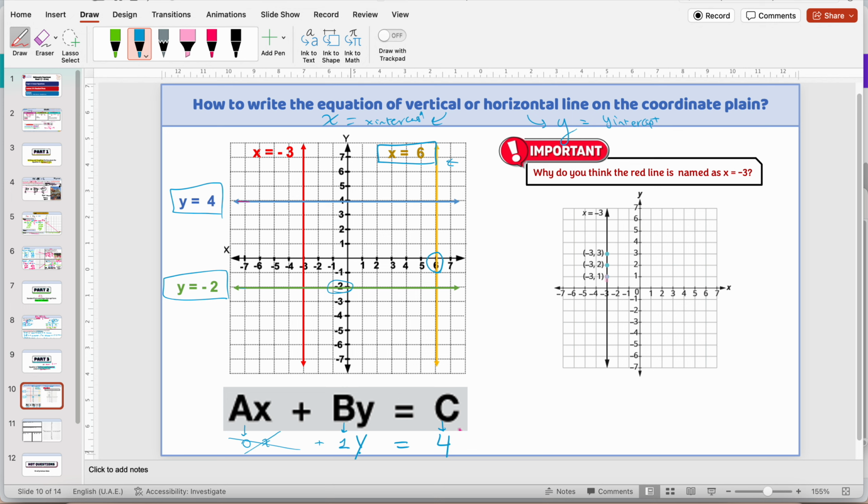That's why the equation of the line is only y equals 4. And remember when I said that A alone can be 0 and B alone can be 0, but they cannot both be 0, because if both were 0, both x and y would disappear, and it wouldn't make any sense.